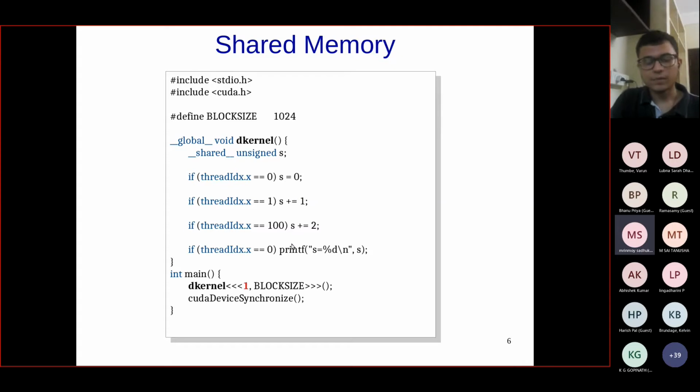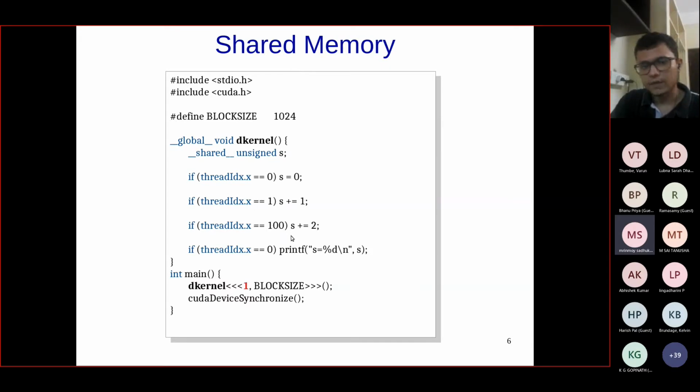But the threads which are not in that first warp, which has threads from ID 0 to 31, can be executing in arbitrary fashion. The thread which is not in that first warp is the thread with ID 100.